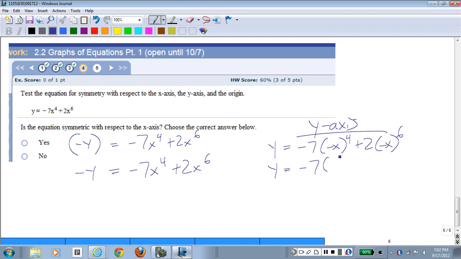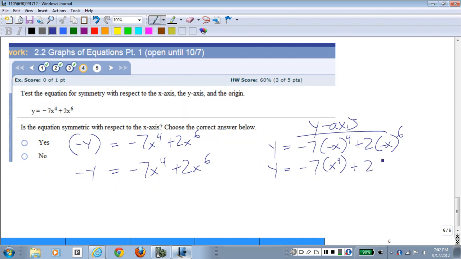What does the x become? X to the 4th. It's like 4 negative signs in there that all multiply together. Negative times negative times negative times negative is a positive. And 4 x's in there, x times x times x times x, which give us x to the 4th. So we get positive x to the 4th, and more of the same.